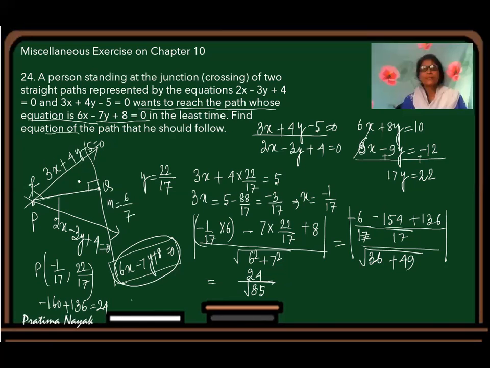So what will be the slope of PQ? PQ will be minus 7 by 6. Then what is the point? Point is this one. So the equation will be y minus 22 by 17 is equal to minus 7 by 6 into x plus 1 by 17. Simplify, you will get the answer.